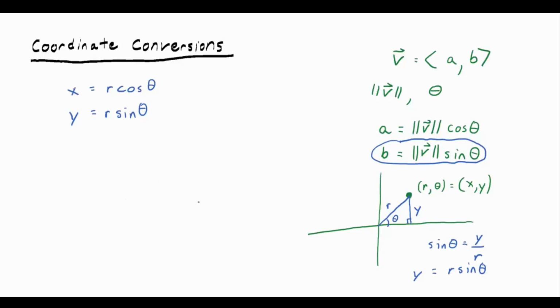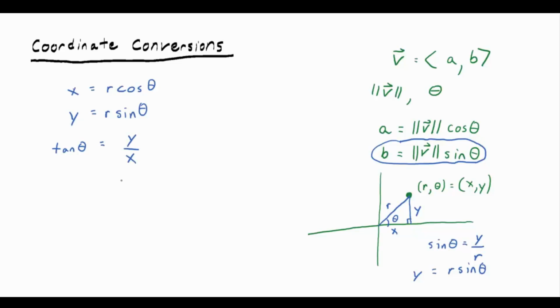What's the relationship between the opposite side, the y, the adjacent side, the x, and the theta? What kind of trig function unites them? Tangent. So tangent theta is equal to y over x.